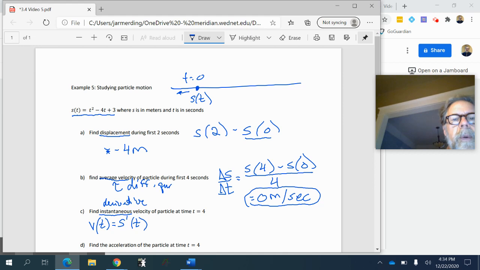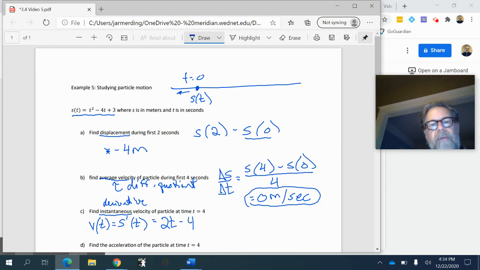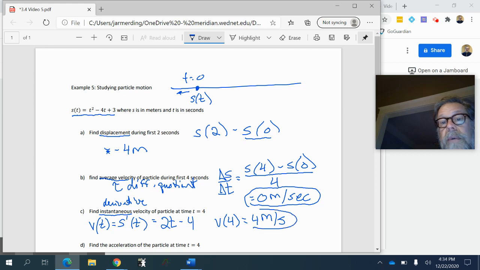And doing some quick derivatives using rules, we get that velocity is equal to 2t minus 4. So the instantaneous velocity is 8 minus 4, which is 4 meters per second. Notice that this is moving to the right. All right, worth keeping in mind.